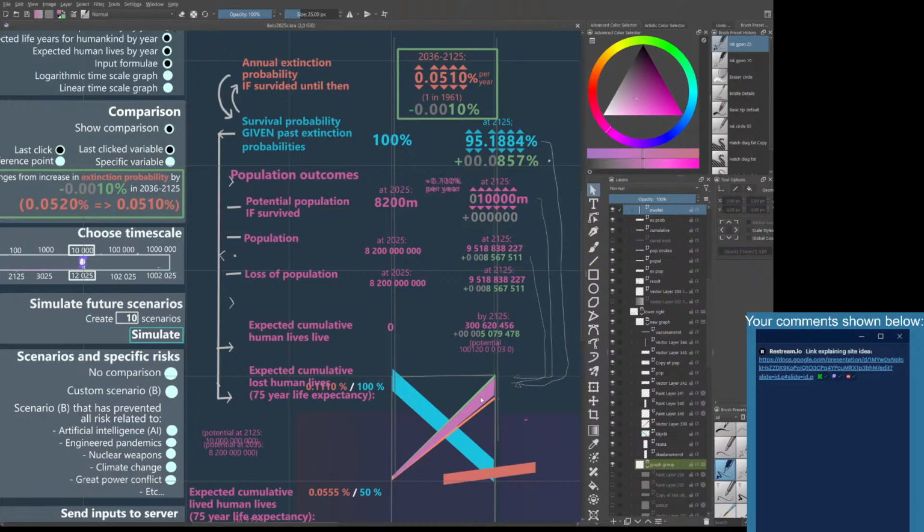I was thinking here about how to, I had my focus on this lost potential thing, and how to have that in a graph.